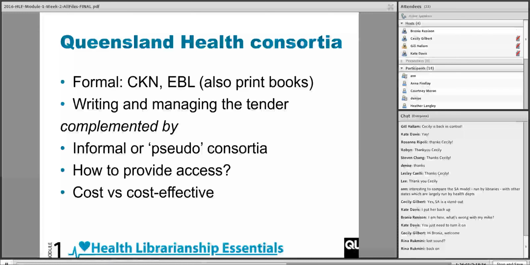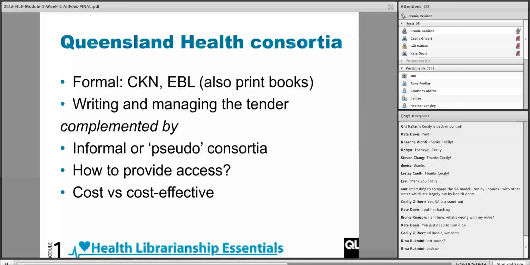But if there's an outsourced manager of resources, which is also a publisher or a vendor, there is a potential for conflict of interest, or at least the perception of conflict of interest, and that is a serious thing which needs to be managed.